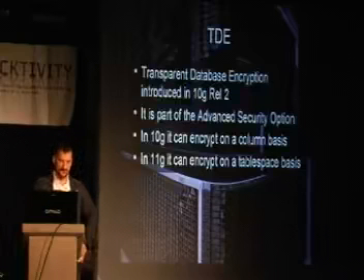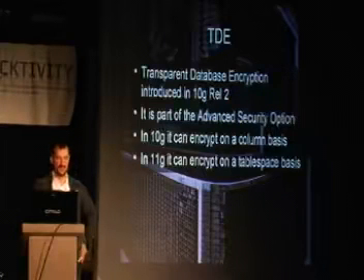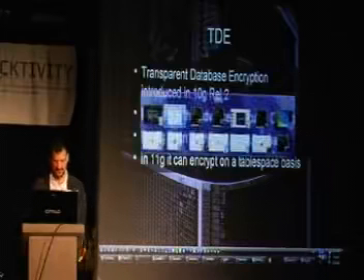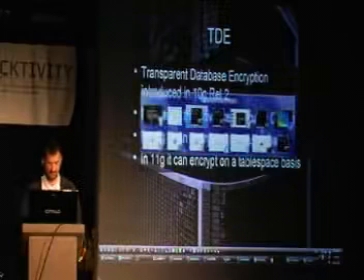In 11g, the whole thing works on a tablespace basis, which means that the tablespace will be the file that appears in the file system, and when I create a table, I can say which tablespace it should be in. If it is an encrypted tablespace, then the table data will be encrypted. The database is up again, so back to the demo.